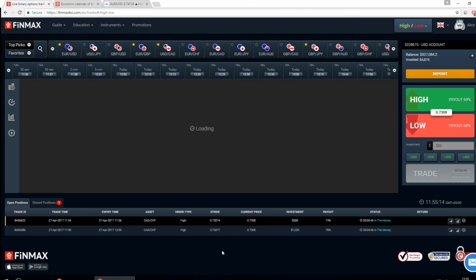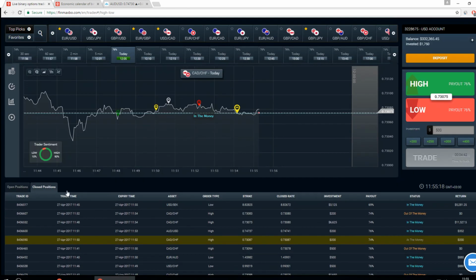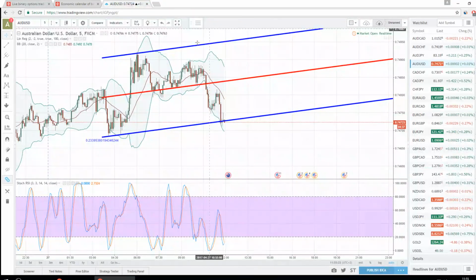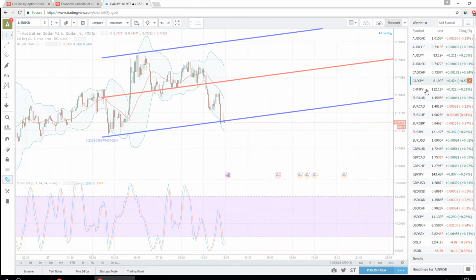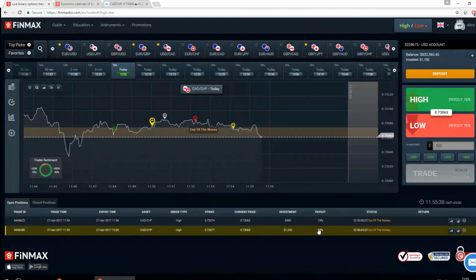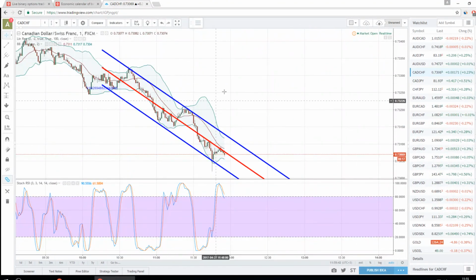And currently we have two trades on Canadian dollar to Swiss franc. Let's open the chart for that asset. Oh, controversial, really controversial what I see here. It was more suitable, more interesting when I opened them.